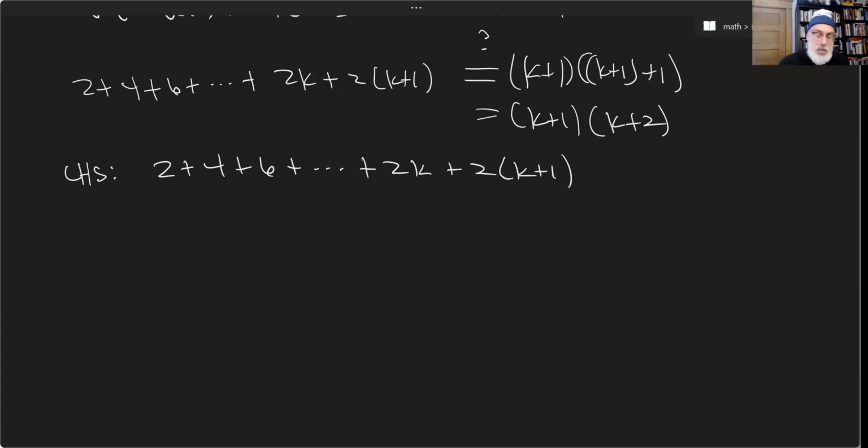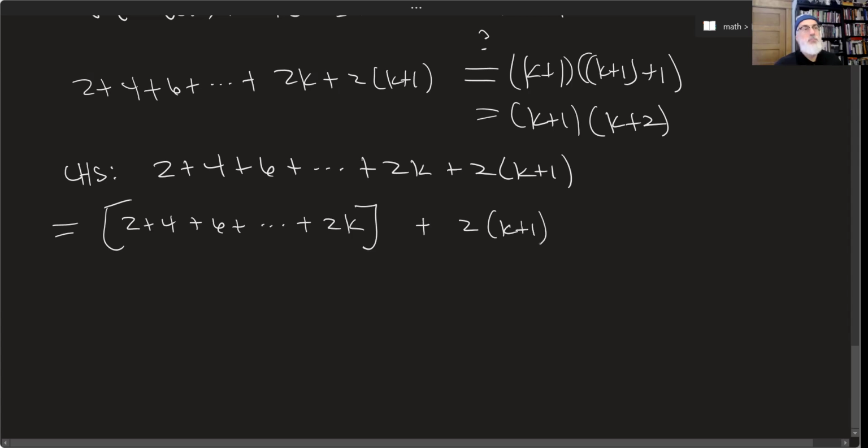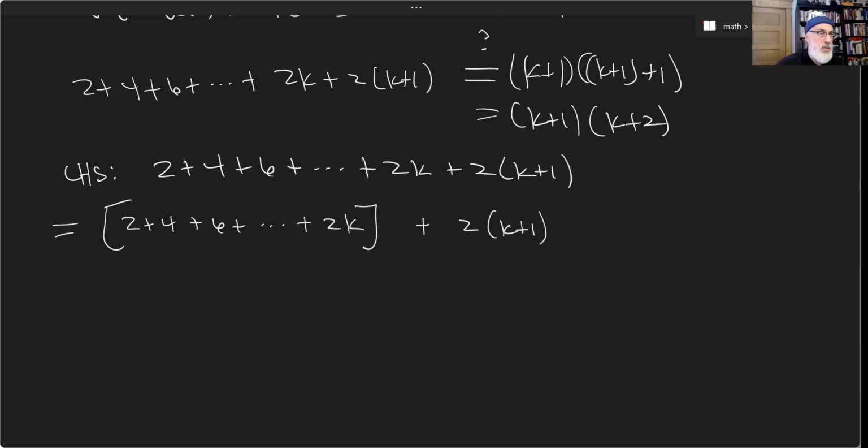So I'm going to first group it in such a way where I'm going to group the first k terms and then leave the 2k plus 1 guy out here. The reason we're doing that is because what I've highlighted in the parentheses is the induction hypothesis.